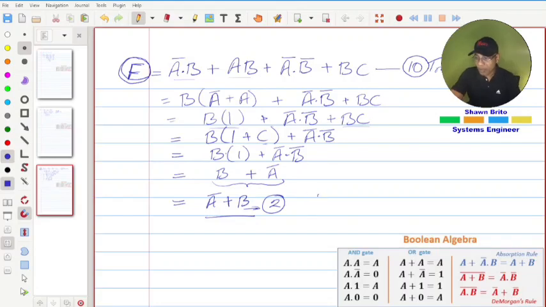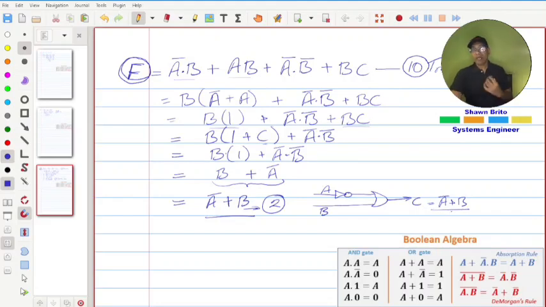If I draw this, it is not A going into an OR gate with B, and comes out as C. So your C is equal to A bar plus B.